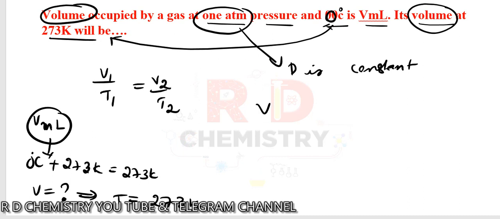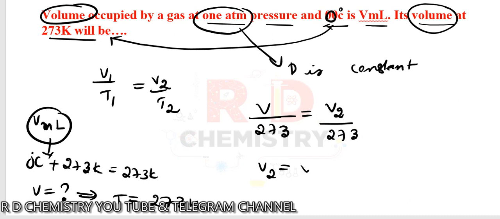So V divided by 273 Kelvin, changed from degree centigrade to the Kelvin scale, is equal to V2, the new volume we have to calculate, divided by 273. Therefore, V2 is equal to V divided by 273 into 273. It will get cancelled. Therefore, it is equal to V itself. So volume would remain the same.